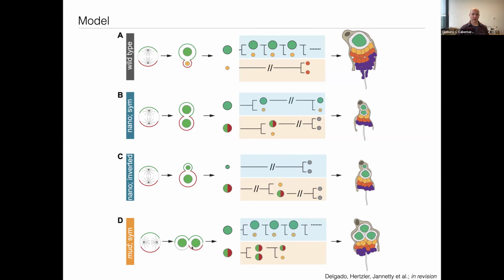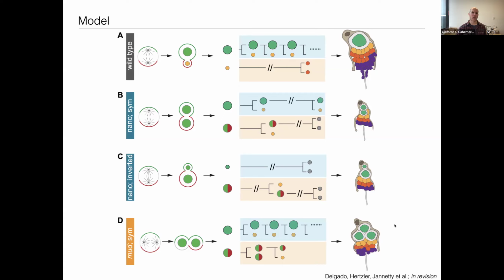And similarly, if we divide symmetrically, perpendicular to the polarity axis, we also induce asymmetric segregation of basal cell fate determinants, which then affects lineage progression and the number of differentiating siblings in these lineages.